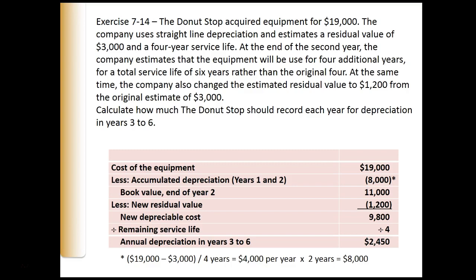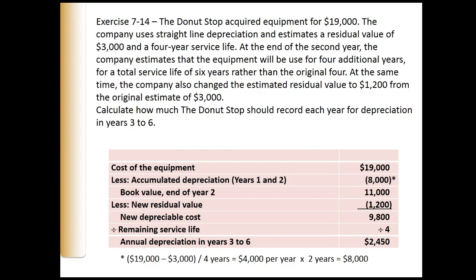Here's an exercise we're going to look at. The donut shop acquired equipment for $19,000. The company uses straight line depreciation and estimates a residual value of $3,000 and a 4-year service life. At the end of the second year, the company estimates that the equipment will be used for 4 additional years, for a total service life of 6 years rather than the original 4.